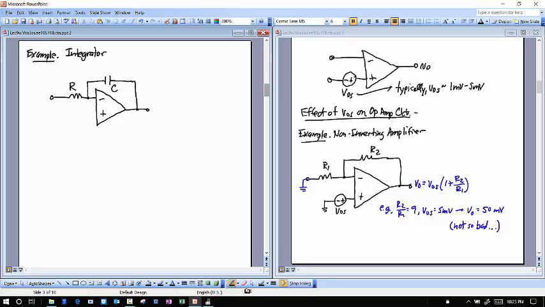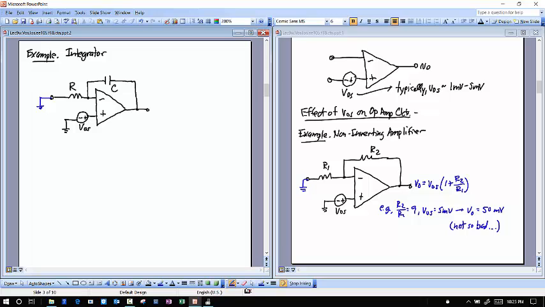And in this case, again, in my positive terminal, I'm going to model the non-ideality that is the offset voltage here. And as usual with an integrator, I'll ground the input. And I'll again take the case where I'm interested in what the output of this thing will be if I ground the input.